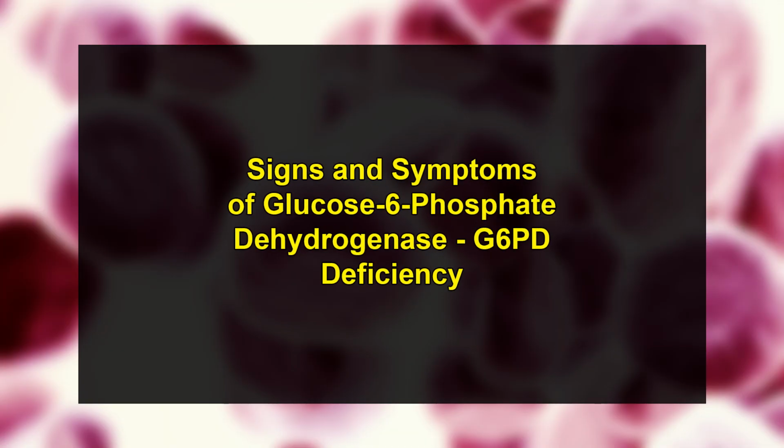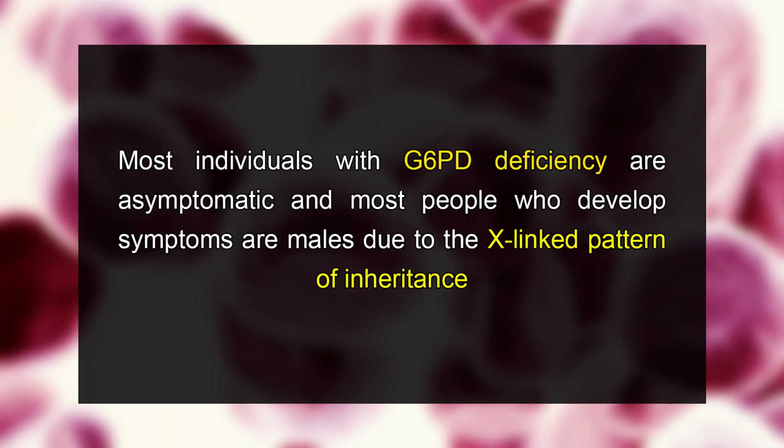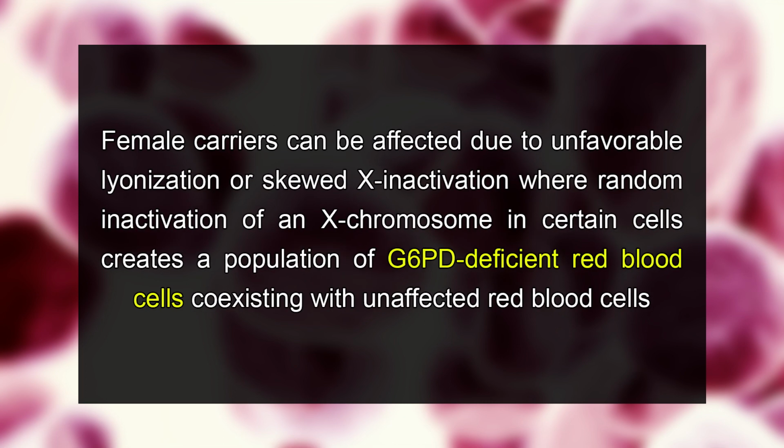Dear students, let's discuss the signs and symptoms of glucose 6-phosphate dehydrogenase deficiency. Most individuals with G6PD deficiency are asymptomatic, and most people who develop symptoms are males due to the X-linked pattern of inheritance. But female carriers can be affected due to unfavorable lyonization or skewed X inactivation, where random inactivation of an X chromosome in certain cells creates a population of glucose 6-phosphate dehydrogenase deficient red blood cells coexisting with unaffected red blood cells.